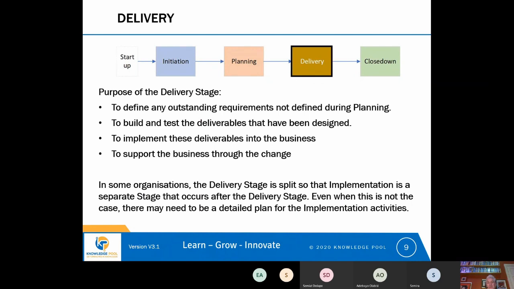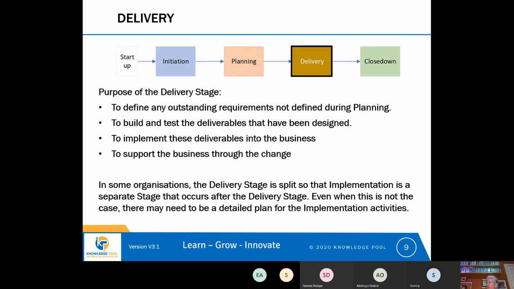And depending on how long the delivery stage is going to be, there might be 1 sprint, there might be 20 sprints, but the number of sprints multiplied by the duration of the sprints will tell you the duration of the delivery stage to a large part. If there are implementation activities at the end, then you may need to assess the implementation period.